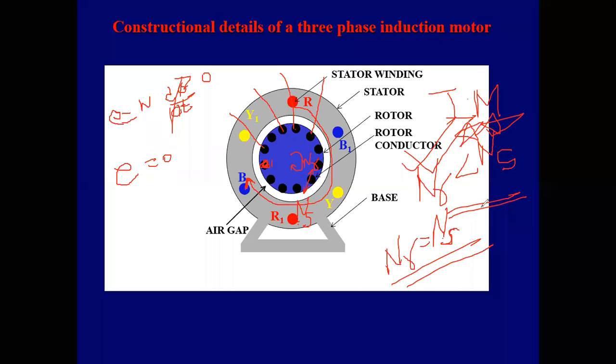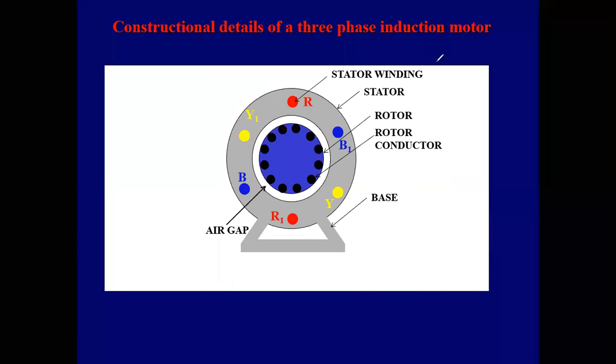Remember that. That is the reason the induction motor is also known as an asynchronous machine, because it always rotates at other than synchronous speed. In some cases the rotor speed will be greater than NS also. That is known as an induction generator, which is beyond your syllabus.